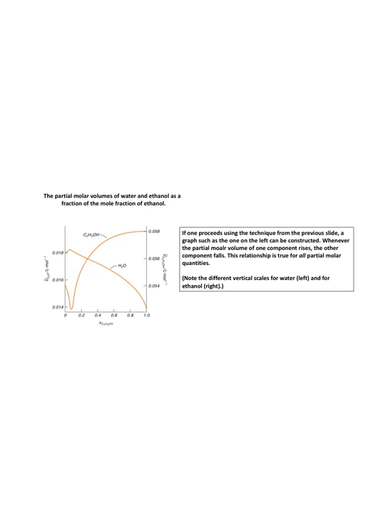So let's say you had a 0.5 mole fraction of ethanol, 0.5 mole fraction of water. What that would mean, since this is the line for the ethanol, is, I'm just going to do a ballpark here, about 57.5 milliliters per mole for the ethanol.